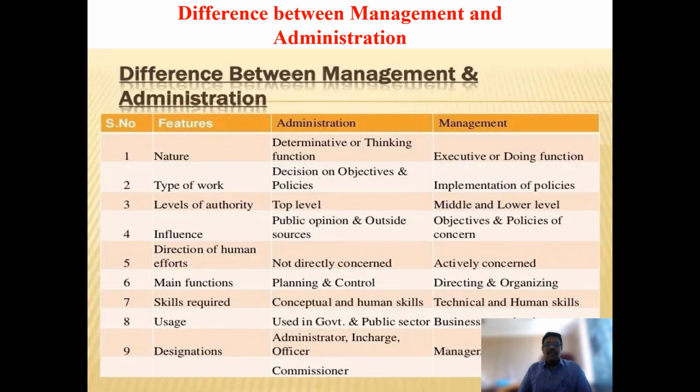The direction of human efforts is not directly concerned with administration, whereas management is actively concerned. The main functions of administration are planning and control, the twins of management. The main functions of management are directing and organizing.